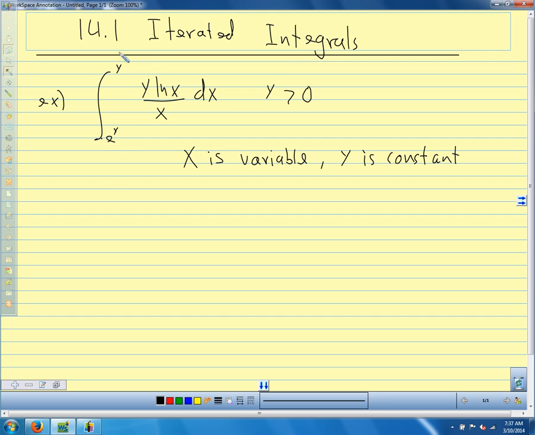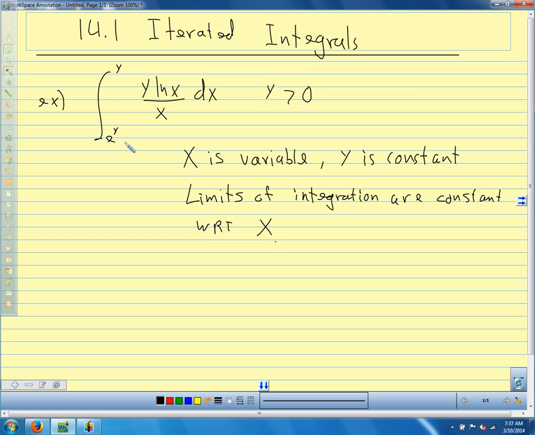And our limits of integration are functions of y, so they're constant with respect to x. Our limits of integration are constant with respect to our variable of integration. I'm just going to write WRT for with respect to.